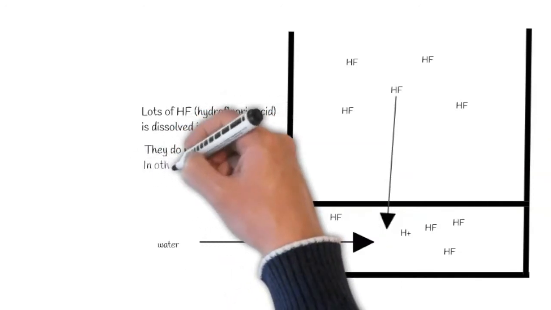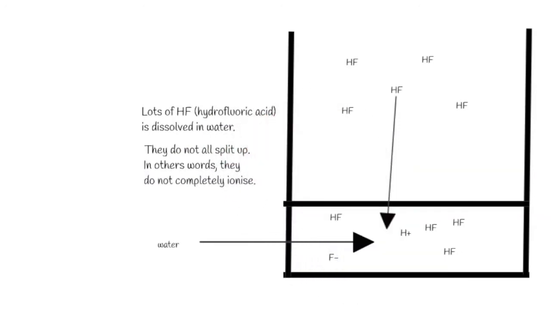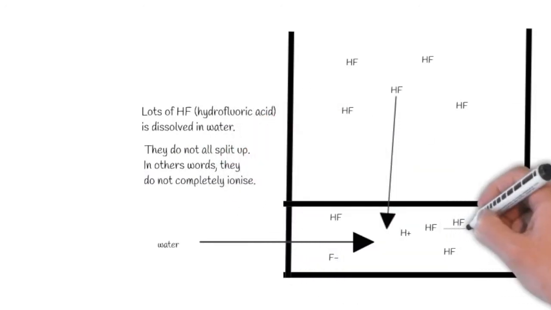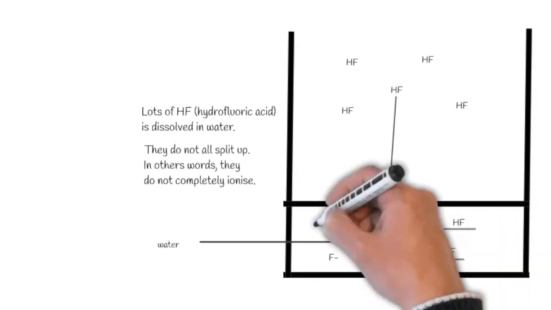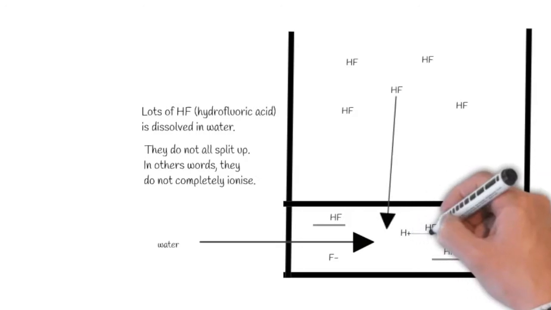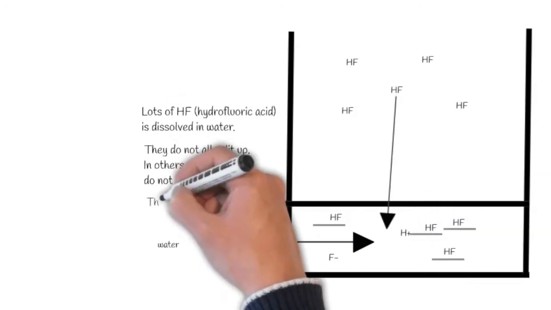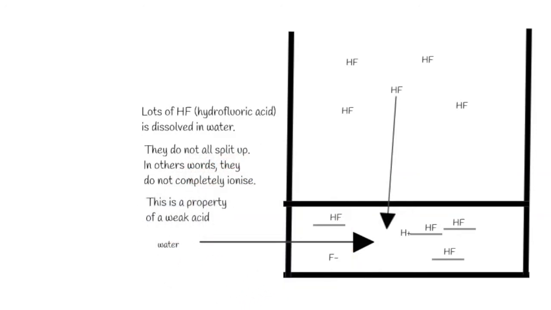They do not all split up. In other words, they do not completely ionize. You can still see some HF, hydrofluoric acid, in the water, not the H+ ions. This is a property of a weak acid.